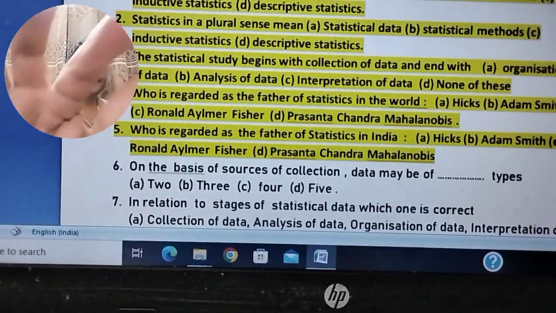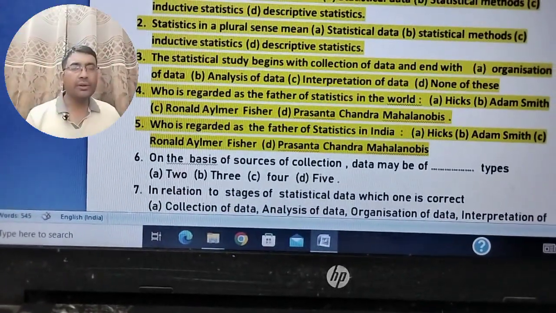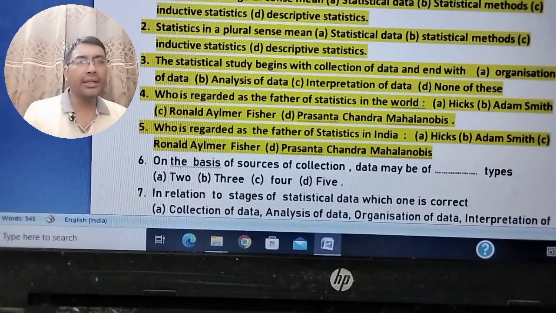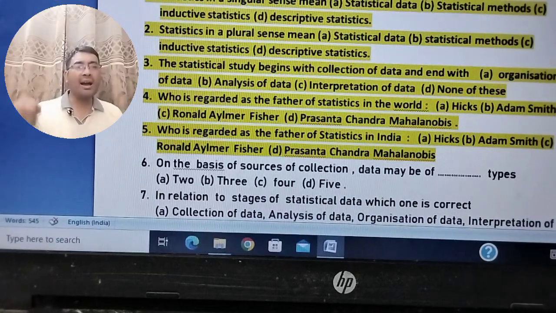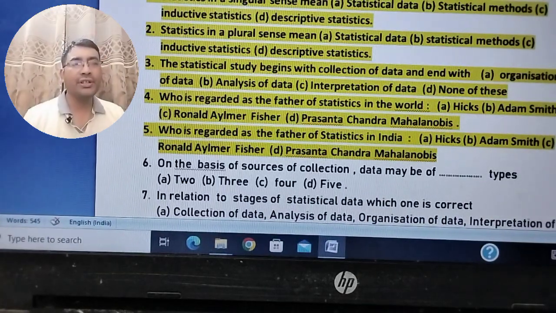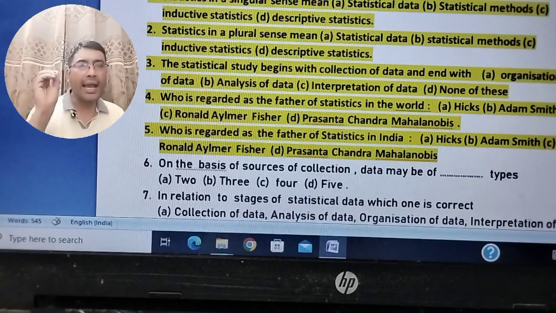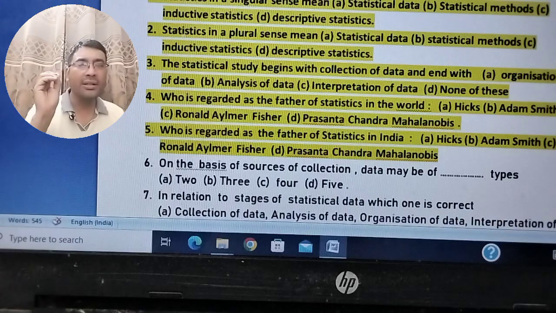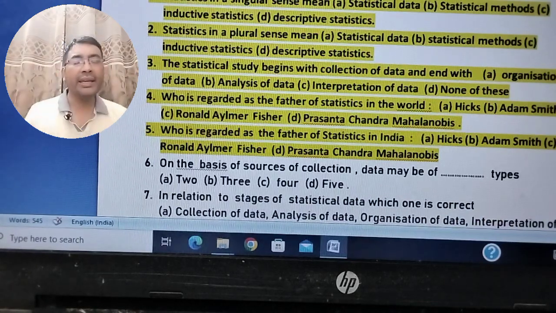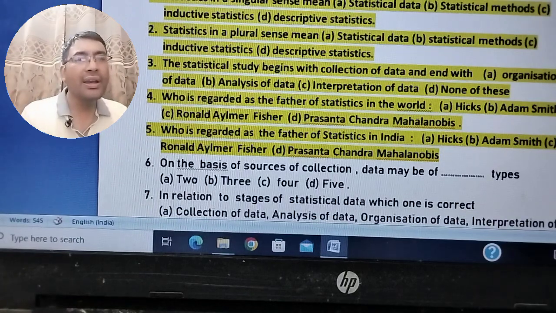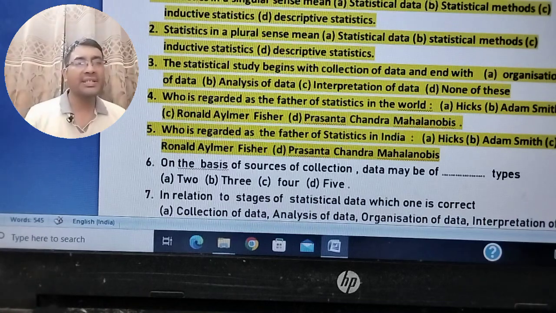So let's read the question once again. Who is regarded as the father of statistics in the world? The right answer is R.A. Fisher, that is Ronald Elmer Fisher. Ronald Elmer Fisher was a British economist, and he is regarded as the father of statistics.